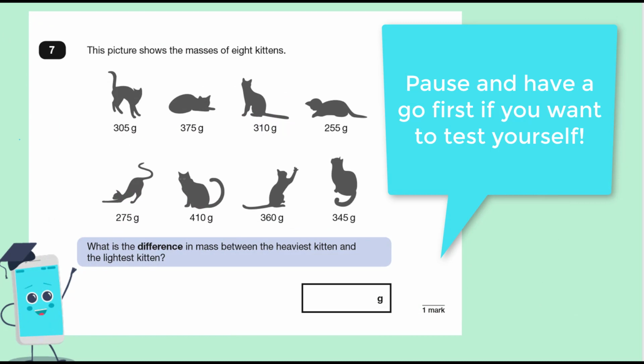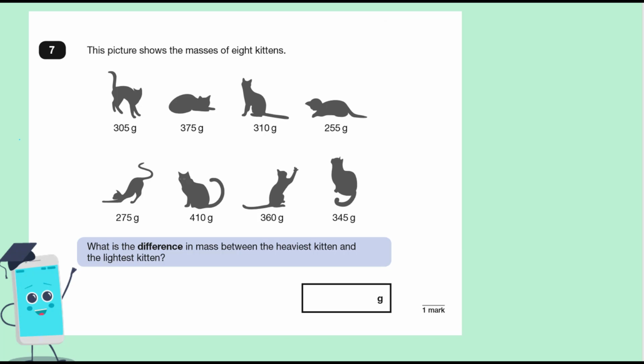This next question from the 2019 SATS paper also has a mixture of Year 3 and Year 4 learning objectives. Let's first read the question. The picture shows the masses of 8 kittens. So the word masses means weight. So each kitten has a weight labelled underneath it.